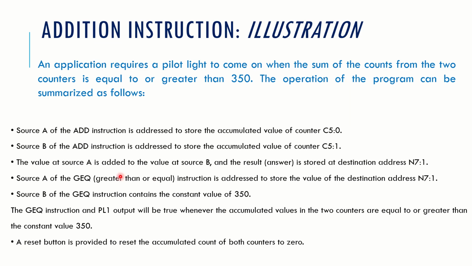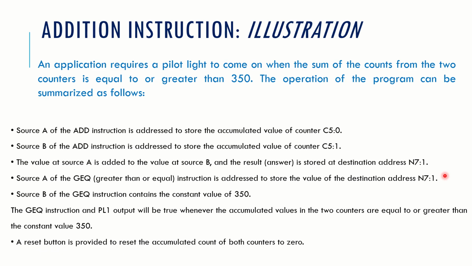So here we are collaborating this mathematical function with the counter function as well as the compare function. Source A of the GEQ instruction is addressed to the value of destination N7:1, and source B contains the constant value of 350. So 350 has been stored somewhere, and source A is this destination address N7:1.